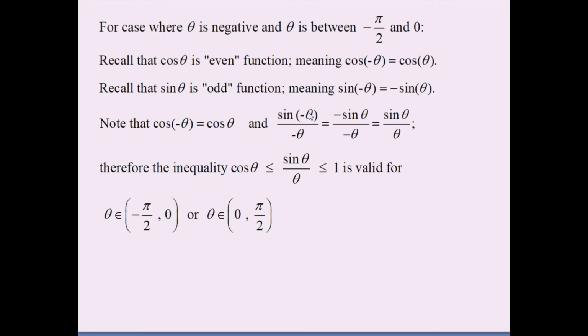For the quantity sine of negative theta divided by negative theta, it would be negative sine of theta divided by negative theta, or just sine of theta divided by theta. And therefore this inequality right here is valid when theta is positive or theta is negative. And that's the end of the proof.